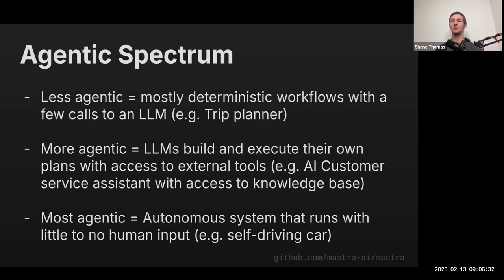They're making more decisions, and therefore it's a little bit more agentic. The most agentic examples would be something more fully autonomous that runs with very little or no human input, like a self-driving car. So you go all the way from a simple trip planner to a customer service assistant, all the way to full self-driving.